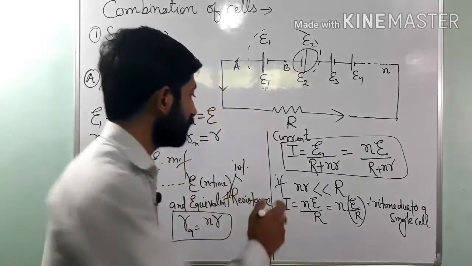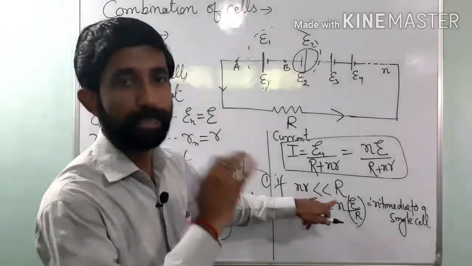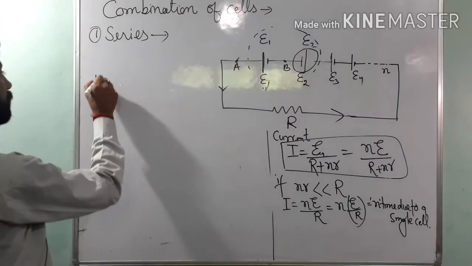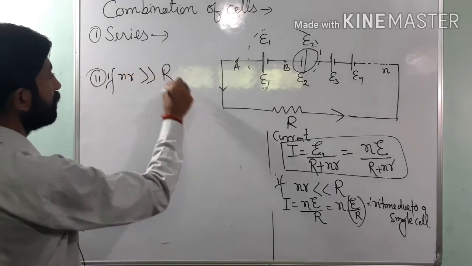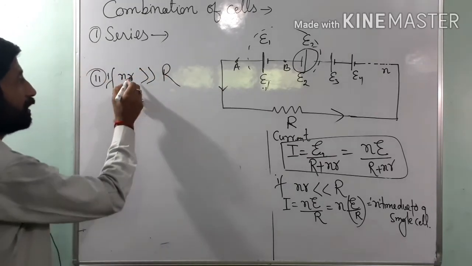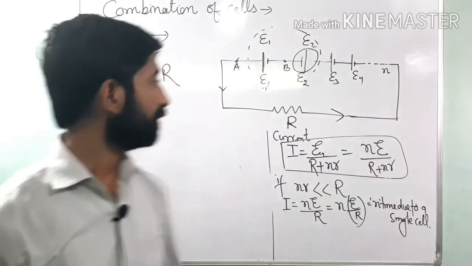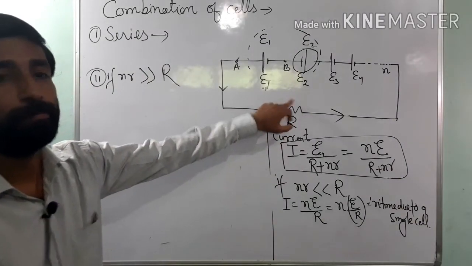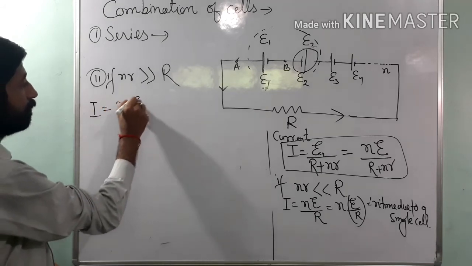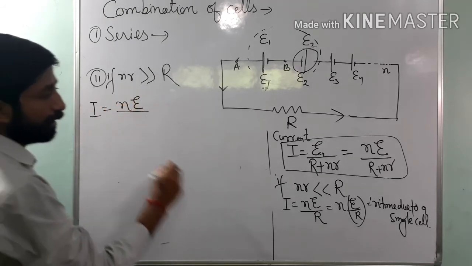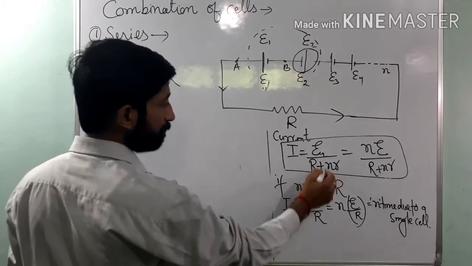Now let's discuss one more case. If this is opposite, that is reversed, what happens? Case number 2: if nr is much larger than capital R, meaning the internal resistance of the cell combination is much larger than the external resistance, then what will be the value of current? nE over this term, which becomes negligible, as in the earlier case the other term became negligible.